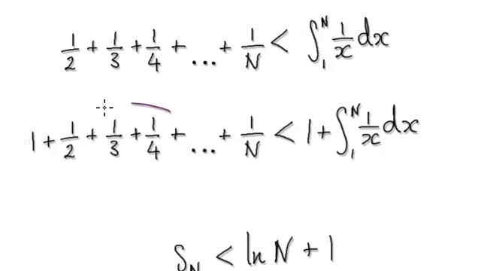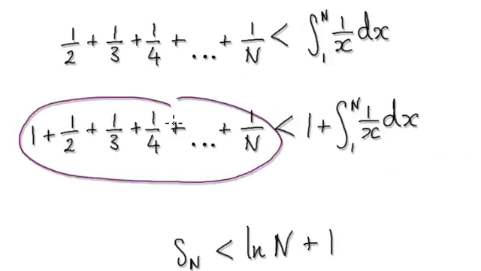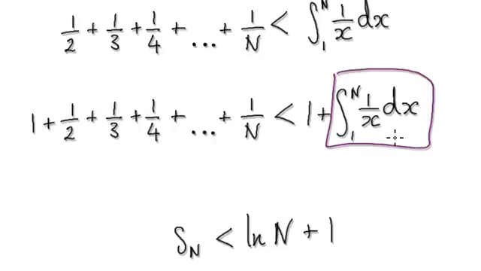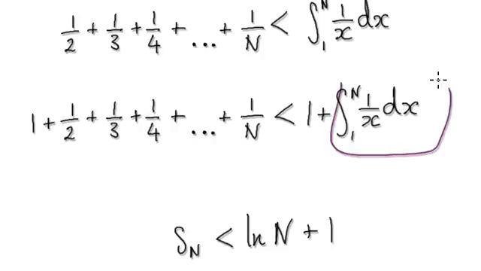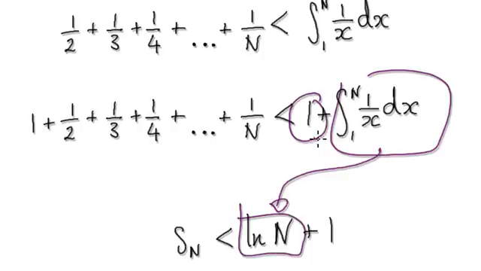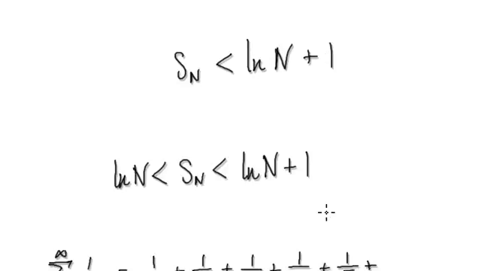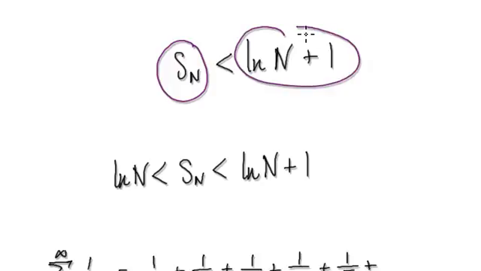Now this thing here is Sn. And if you integrate this, we've done this many times, that will give you this. So what we've got here is the partial series has to be less than this whole thing here.